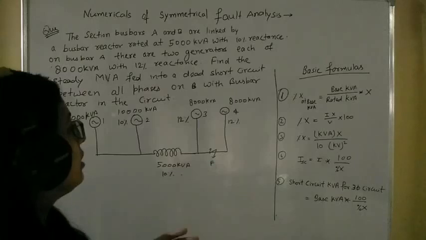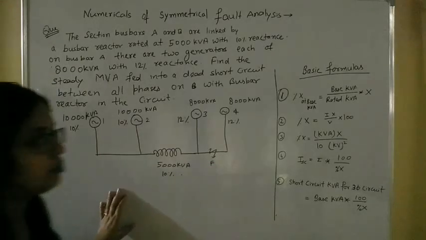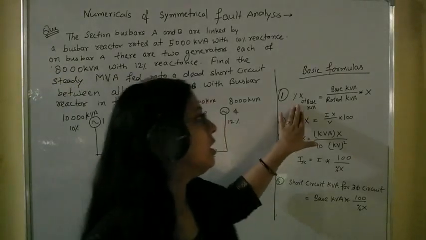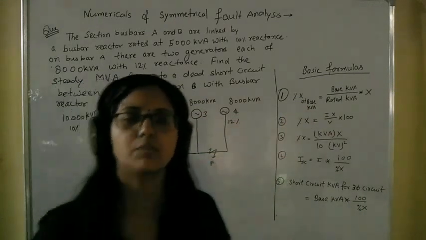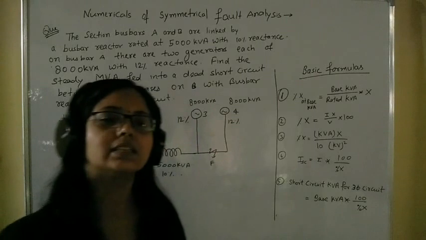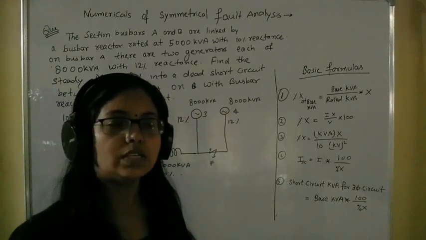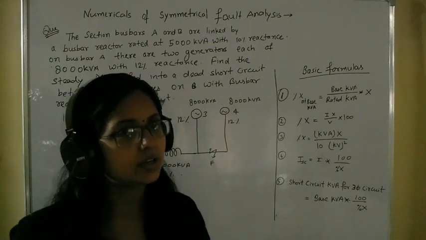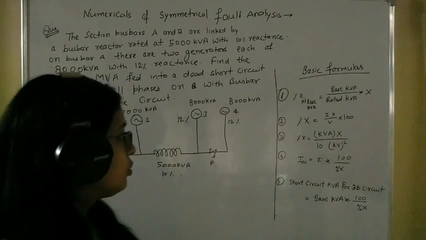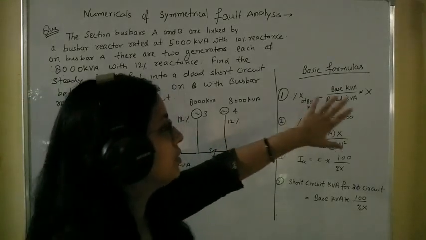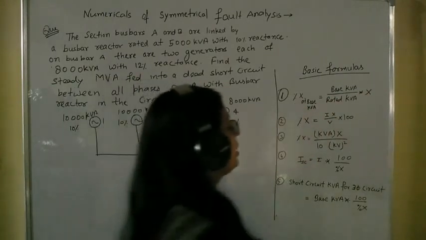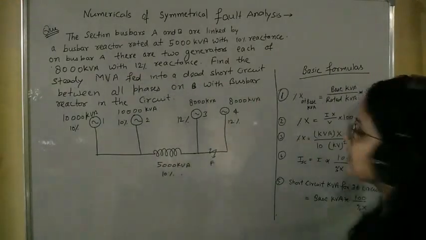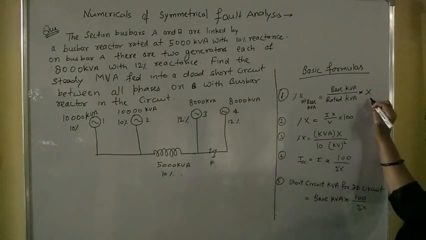So basically for this type of question we have to convert that percentage reactance at base kVA, because in these type of questions we basically consider a base kVA which will simplify your calculation. So here if base kVA is like this, then this x is basically the rated kVA.